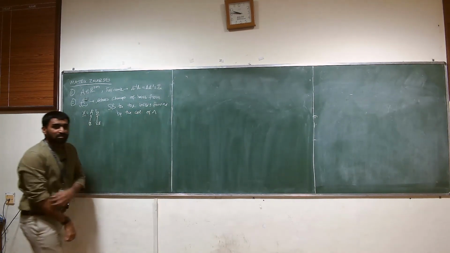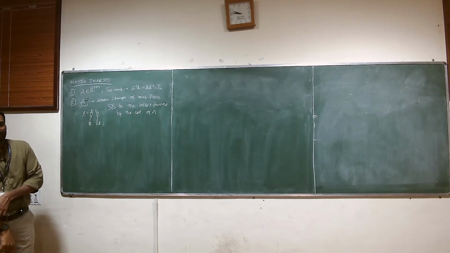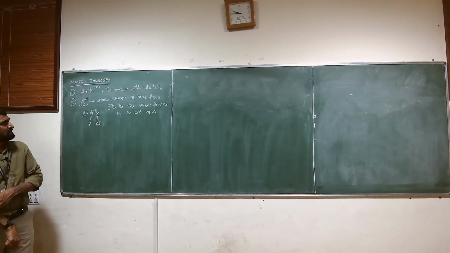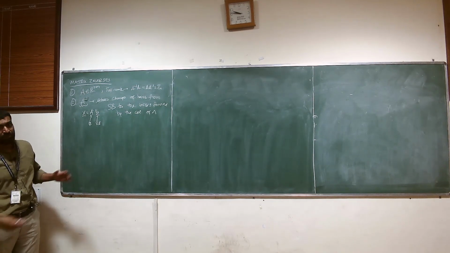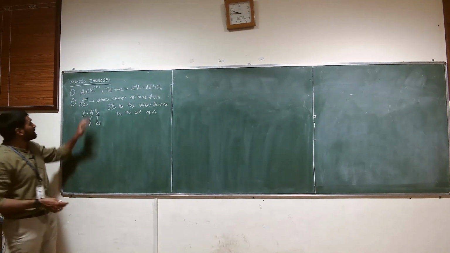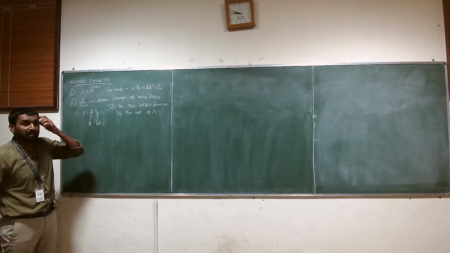How do we know the columns of A form a basis for Rn? That's a valid question, no? How do we know the columns of A actually form a basis for Rn?